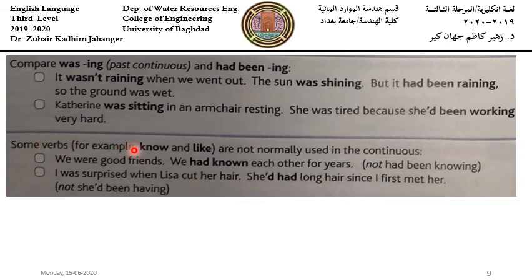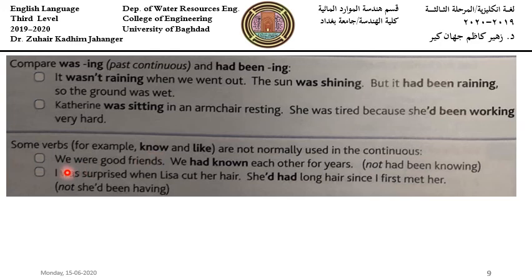Some verbs, for example know and like, are not normally used in the continuous. We said before that know, like and believe are not normally used in the continuous, like the present continuous, present perfect continuous, or past perfect continuous.